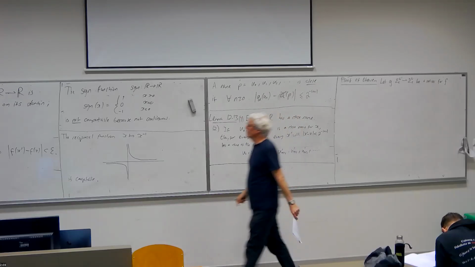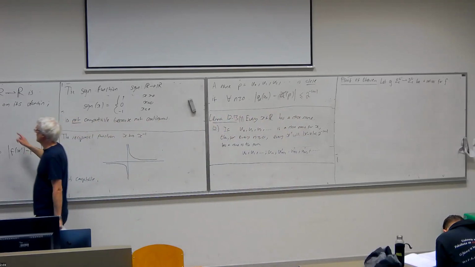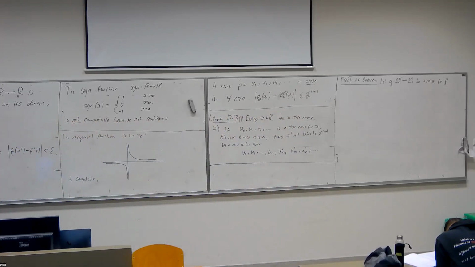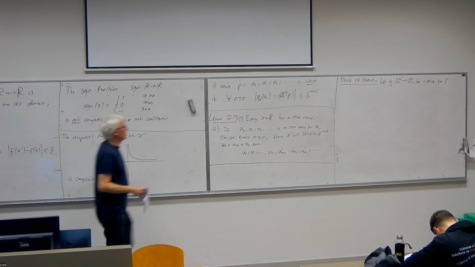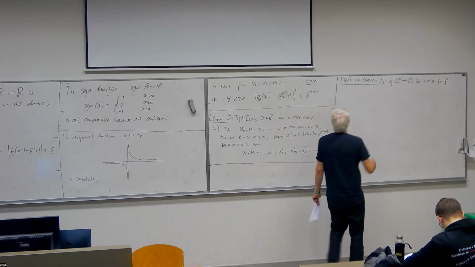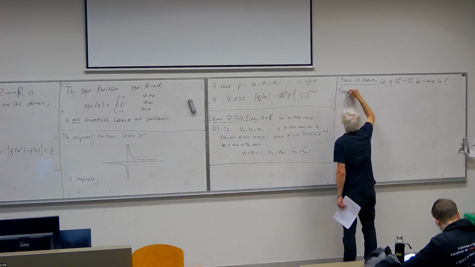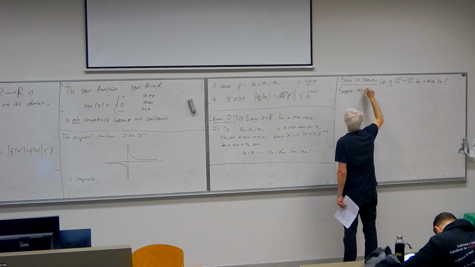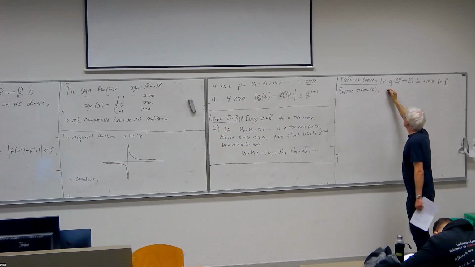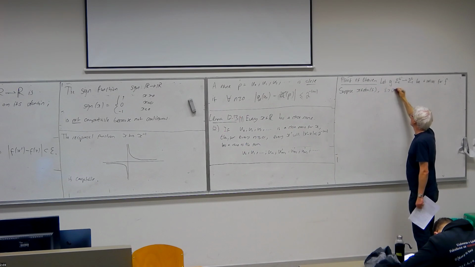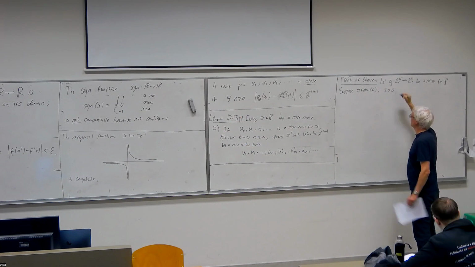And we want to prove this property here that for any x in the domain and for any epsilon there exists a delta, and so on. So suppose x is in the domain of f. Suppose epsilon is an arbitrary value greater than 0.